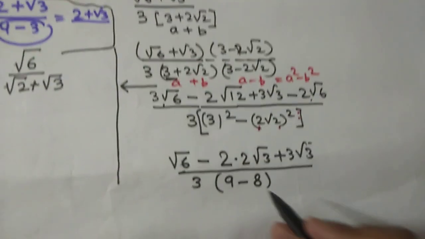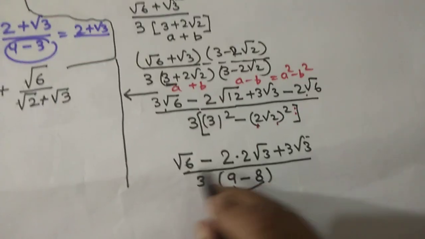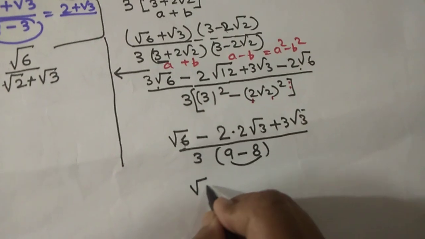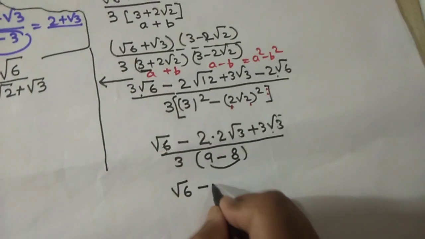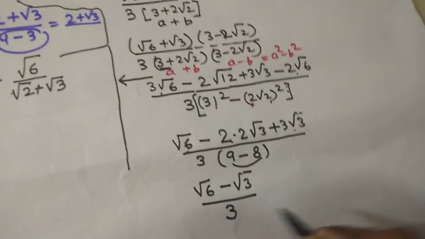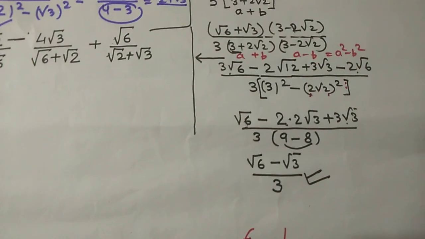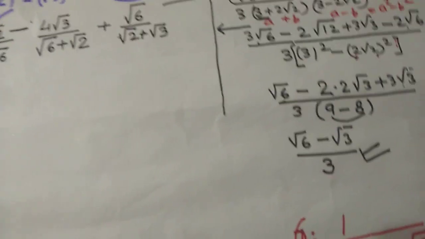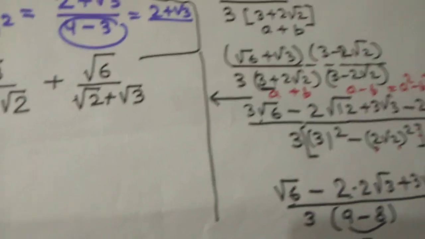So root 2 square is 2. So 9 minus 8 will be 1. Now root 6, minus 2 times 2 is 4 root 3, plus 3 root 3, gives minus root 3, divided by 1. This is your answer: root 6 minus root 3 upon 3. Now the third question.